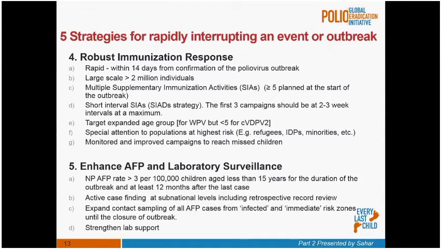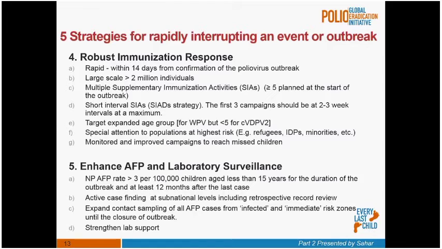In some situations, there could be among the strategies the need to implement short interval SIAs. But the most important point is always paying attention to the populations that are at high risk, refugees, IDPs, migrants, all kinds, so that most importantly we ensure high quality campaigns and that no child is being missed.